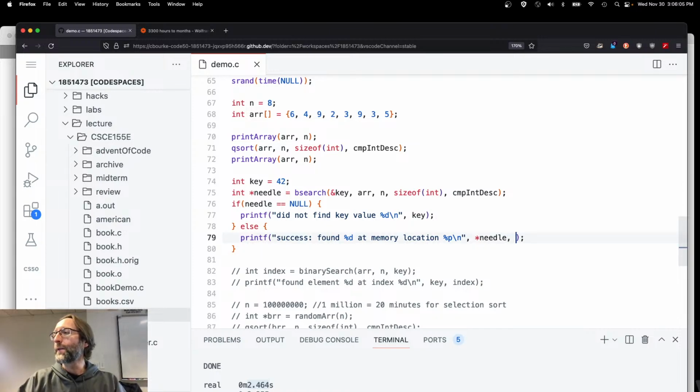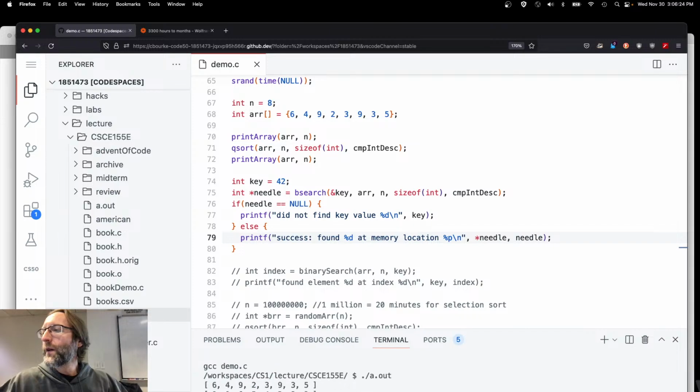If I don't dereference it, remember that that is the memory address of that thing. Okay? All right. So what should it print here? I don't need to time it anymore. Are we going to find 42 in that array? Nope. Did not find the key value 42.